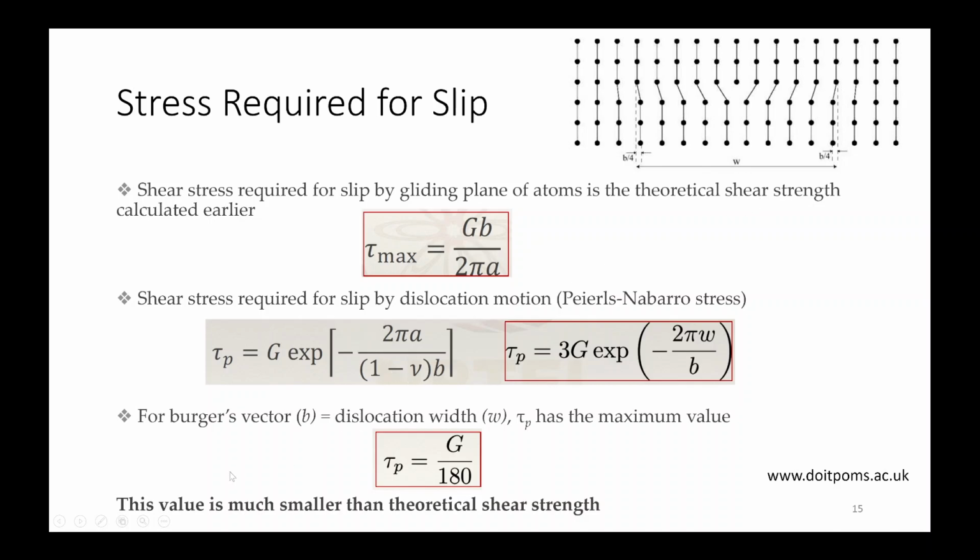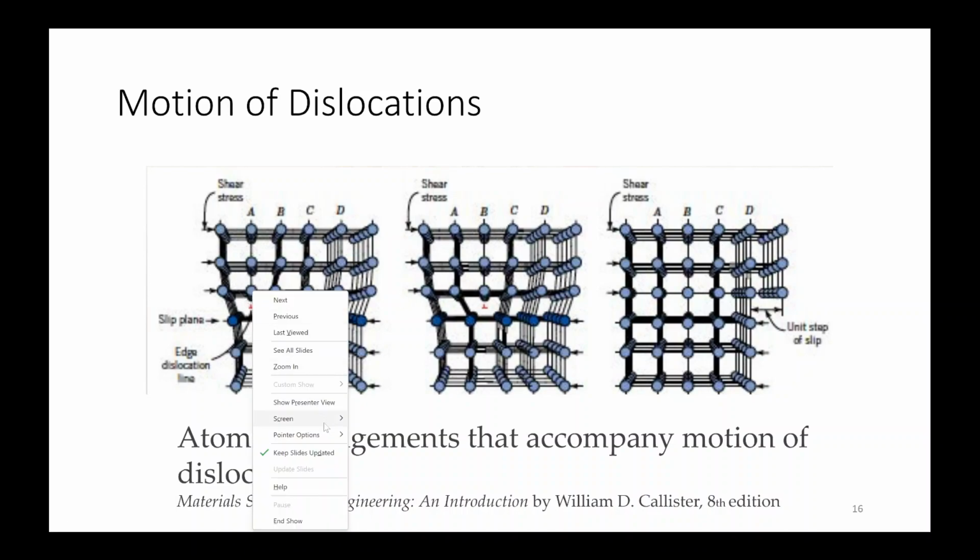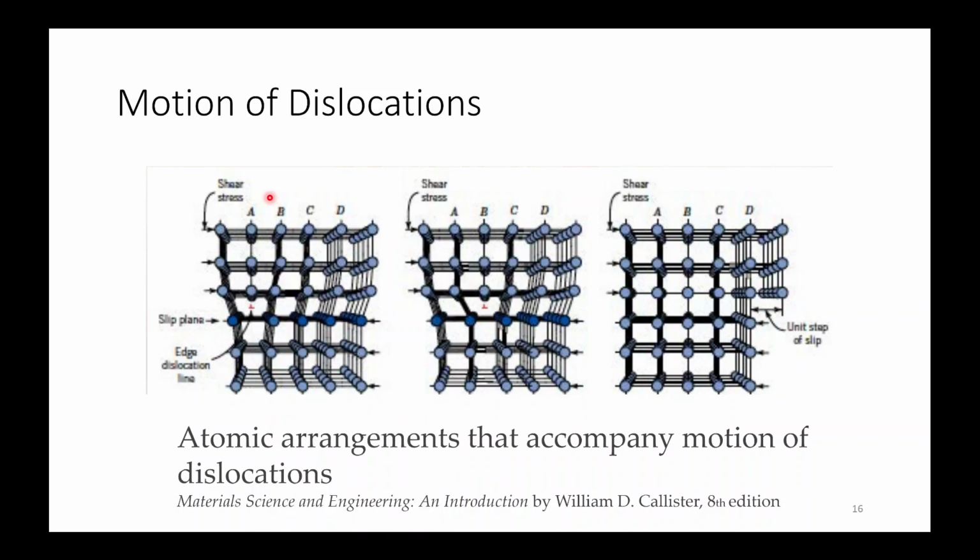Here we are not moving the entire lattice compared to the lattice below; we are just making a dislocation. Previously your crystal was perfect like this. Now you apply some shear stress at this side, so this plane slides in like this. Now this plane has formed here, and it will start moving in this direction.